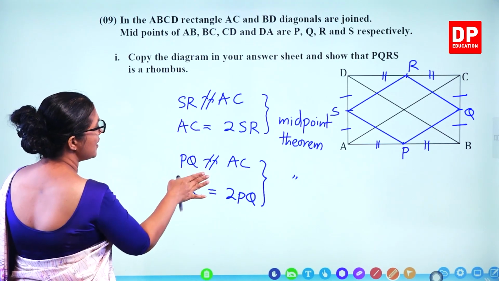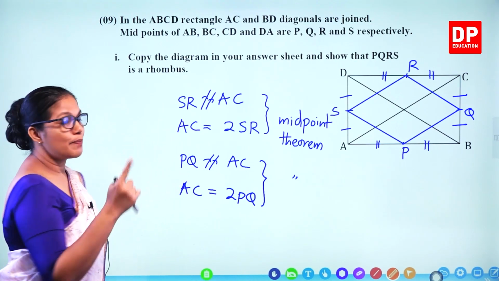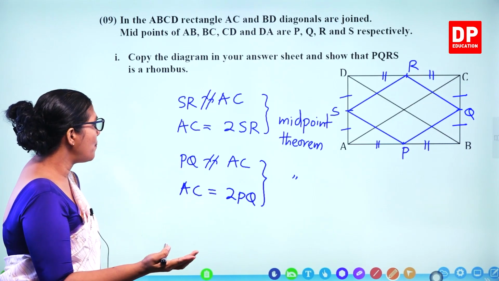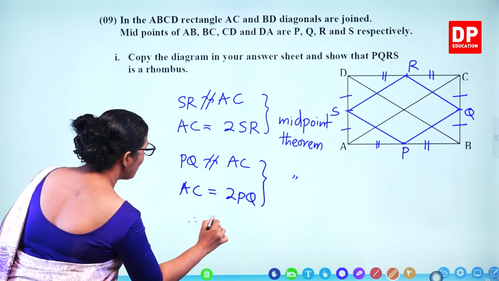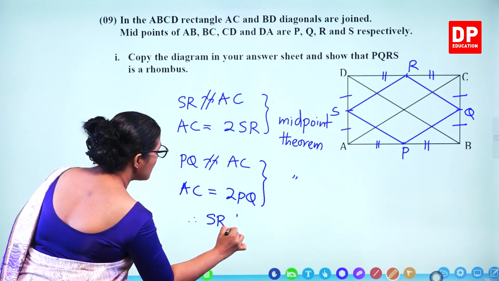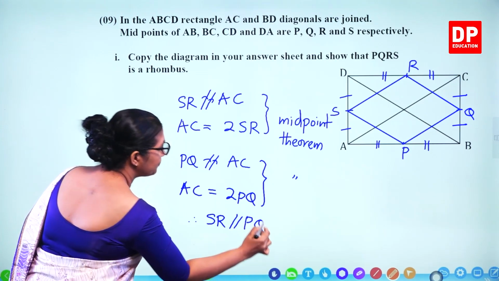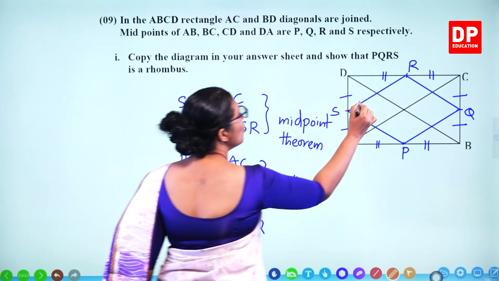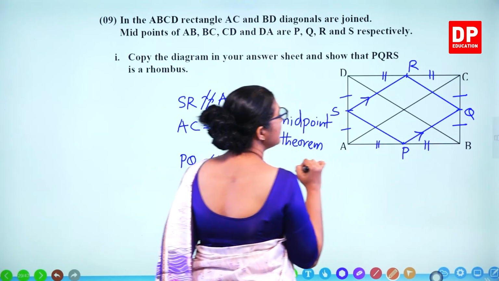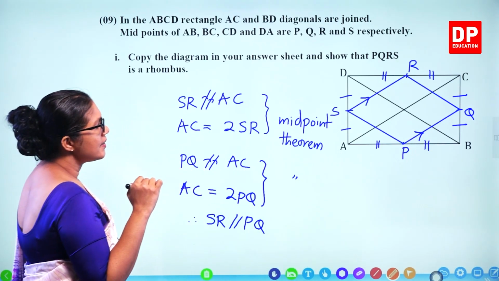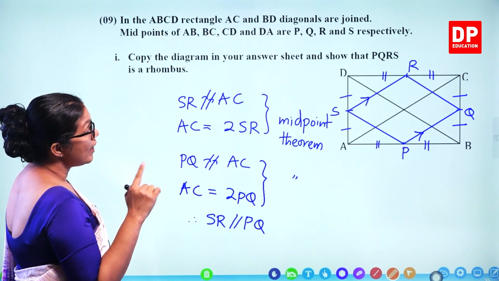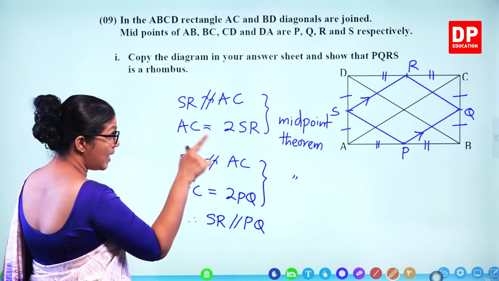Now from this, SR is parallel to AC as well as parallel to PQ. So we can say therefore SR is parallel to PQ. So these two sides are also parallel. And you can say that's also equal length.